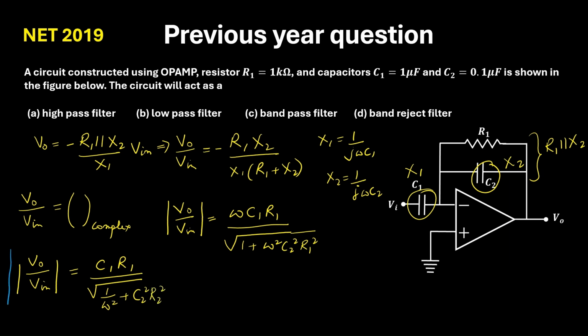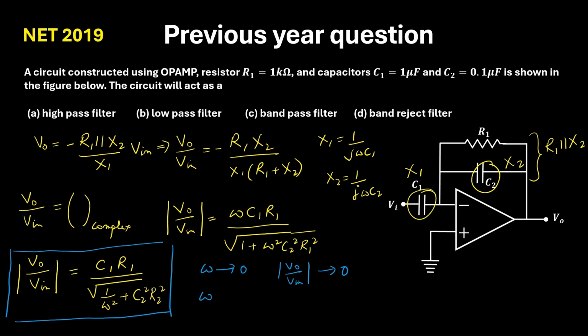So using this formula, we can identify which type of filter this circuit is. Now in this expression, if I put omega tending to 0, then V naught by V input will tend to 0. That is, at lower frequency, the gain is tending to 0.